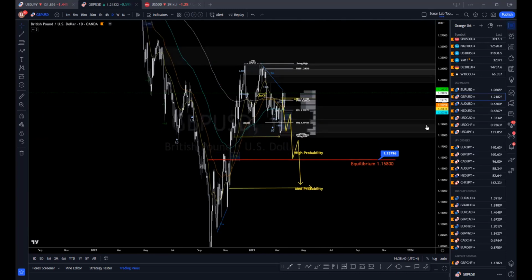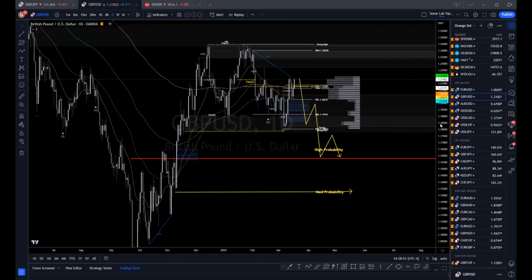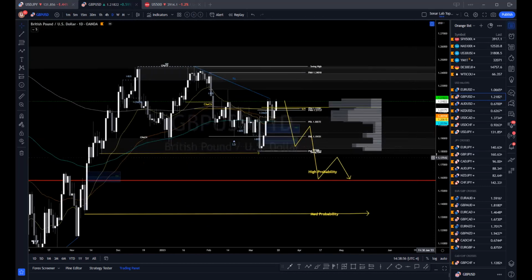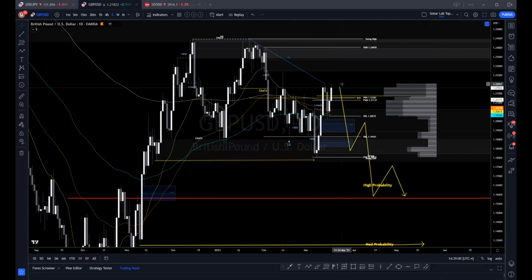Okay, let's go to the pound dollar. Pound dollar, same thing. Let me go ahead and reevaluate this. We came up because of the bank situation, so the dollar took a little bit of a beating. However, we still have not been able to take out this high on the daily chart. So if you look at it, we have not been able to take out this high of 1.22 for the pound dollar.